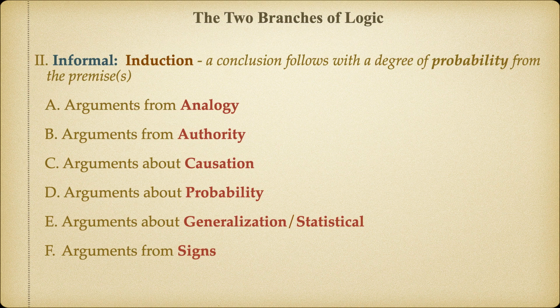It is, in part, the informal nature of induction that makes it harder to analyze, as there will turn out to be almost as many ways for an inductive argument to fail as there are arguments themselves. However, it's still important for us to learn about some of the more common forms of induction, as well as the informal fallacies that affect them.